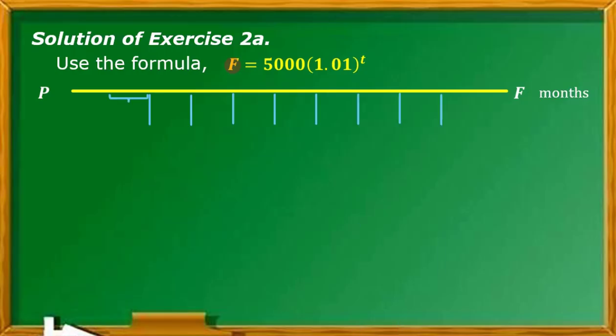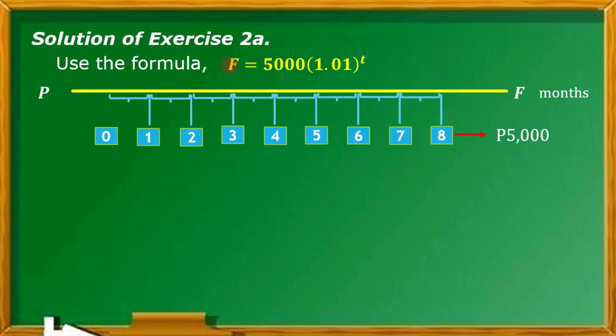Earlier, we used the forward method of calculating the future value. In this case, we will use the backward method. We will start with the 8 months, since this is the payment period for the 8 months.